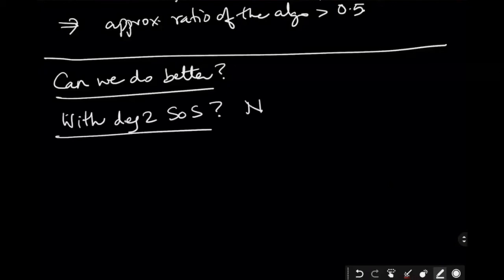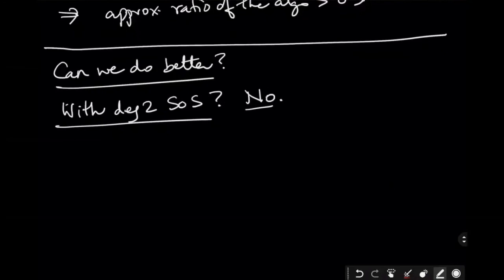And the answer to this is no. In the last 15 minutes or so, I'll sketch a reason for it. This is actually not that hard to prove. In fact, I'll give you a very explicit graph for which, in some sense, we can ascertain that you cannot improve this. But that's just degree 2 SOS. Why should we stop there?